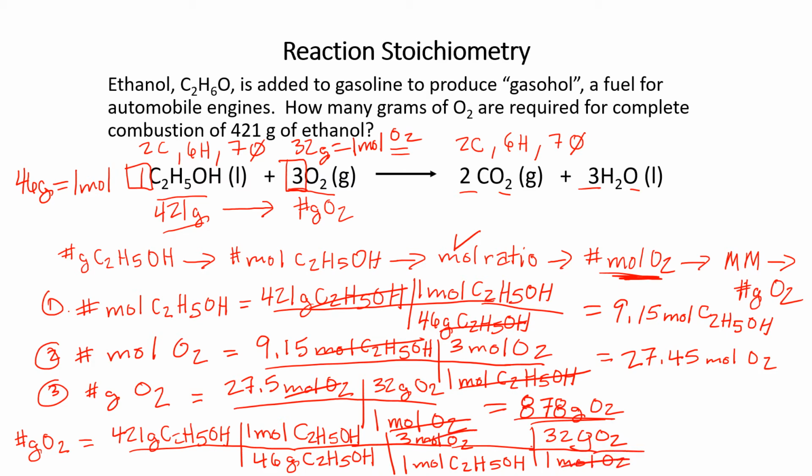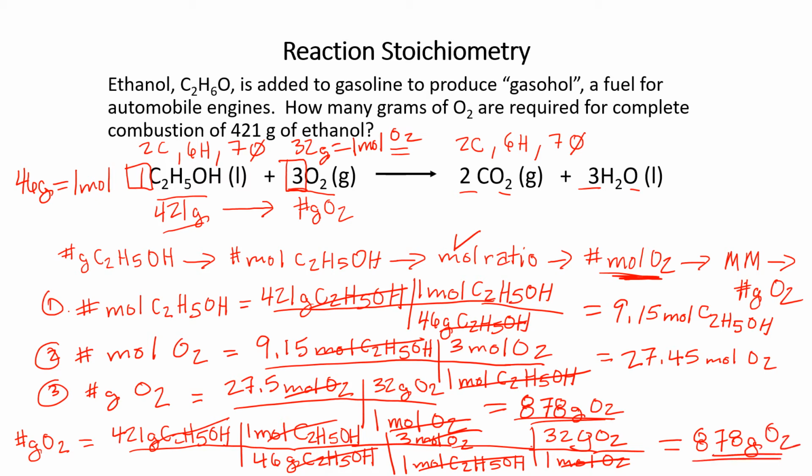So what we see here is that our units cancel, leaving us with our desired unit, and that is grams of diatomic oxygen. And so again, this is equal to 778 grams of diatomic oxygen.